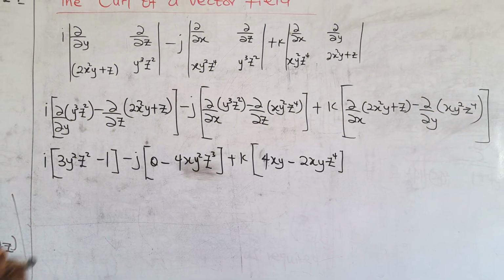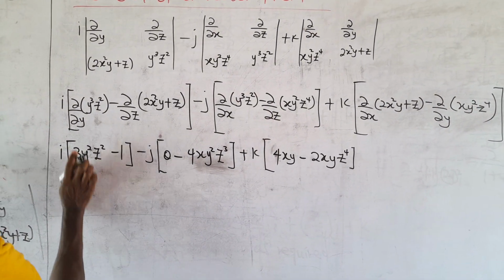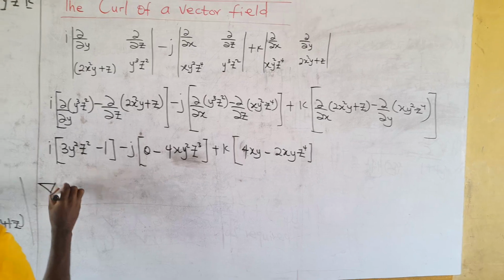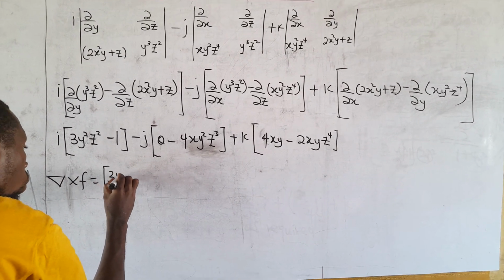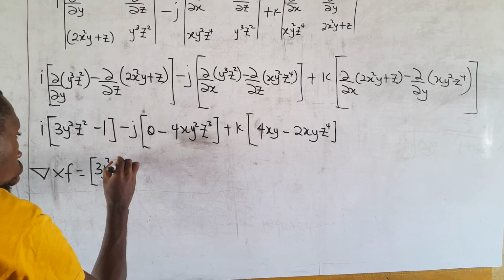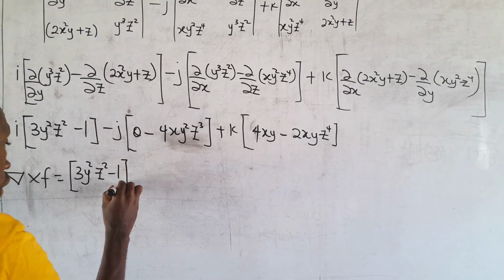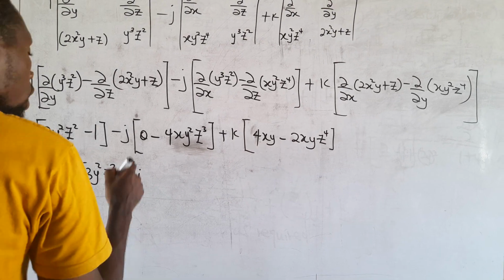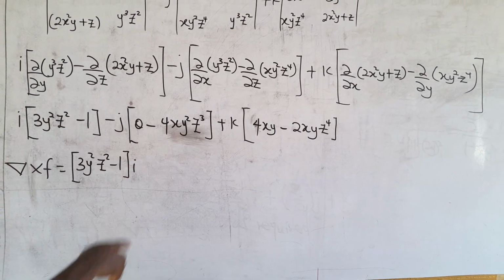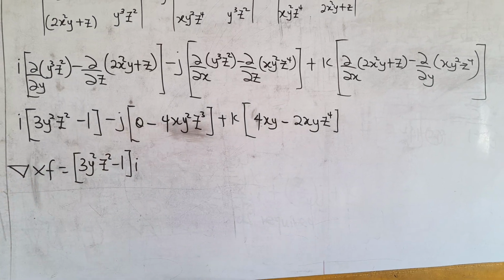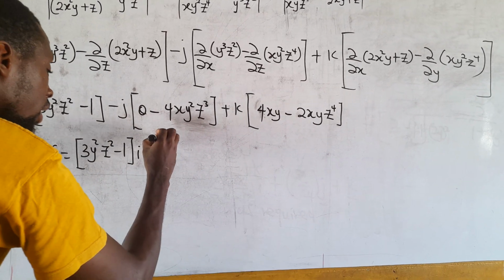So when we polish this very well, you can say the curl, that's del cross f, will be equal to 3y squared z squared minus 1, in the i direction. Then look at the 0 minus this: that will be negative 4x y squared z cubed times negative j, which will be positive.